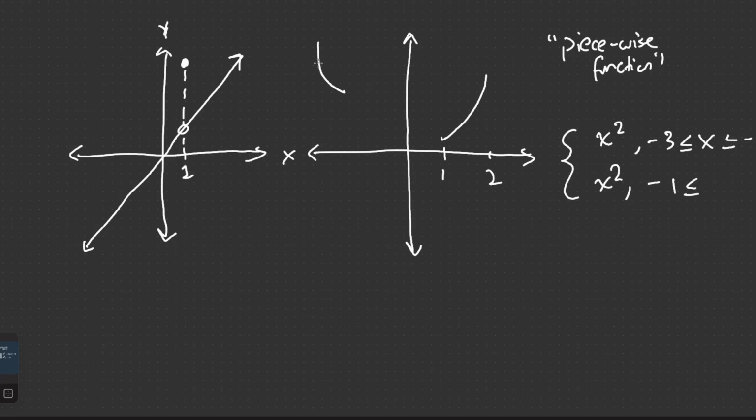So 1, that's not negative. So the idea is, actually no, this is wrong. It should be -2. No, sorry, that's correct.